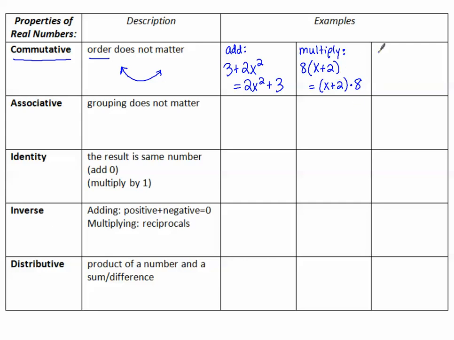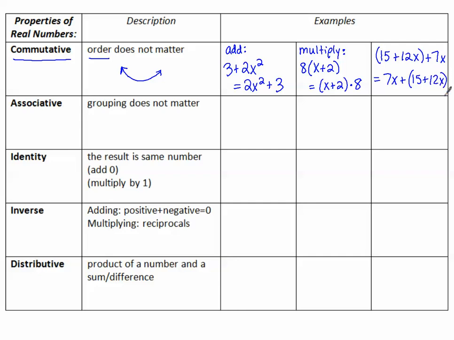Here's a more complicated one that uses the commutative property. 15 plus 12x plus 7x, so the quantity 15 plus 12x added to 7x is the same as putting the 7x first and then adding the quantity 15 plus 12x.